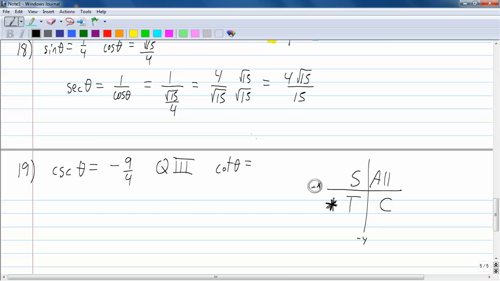That's important where if we need to find an x or a y, we'll know to make it negative. Cosecant is also equal to, in terms of x, y, and r, r over y. R can't be negative. It's a radius. So the r for this problem is 9. That's what's in the numerator. There is a negative in front that needs to go with the y. So y is equal to negative 4.